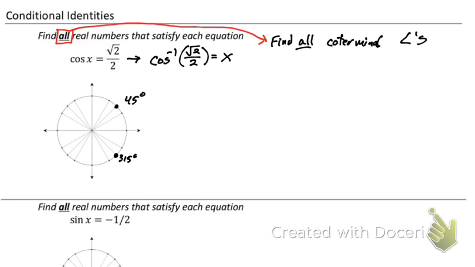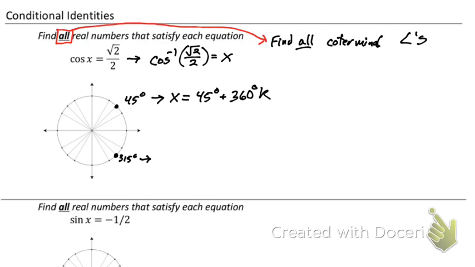However, I said that we have to list all of the possible coterminal angles, and rather than writing them all out for infinity, instead we're going to rewrite this as, well, that's where x equals 45 degrees plus any number of adding 360s or subtracting 360s, because k could be a negative 1, which would be 45 minus 360.